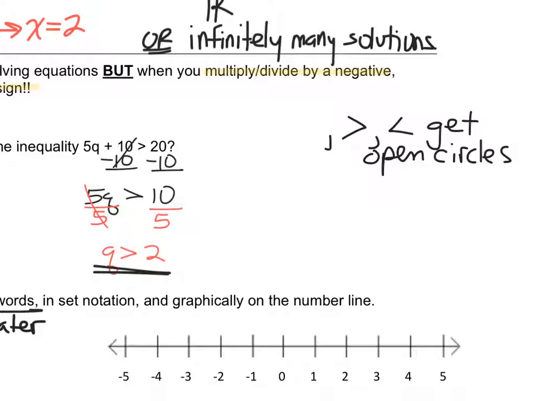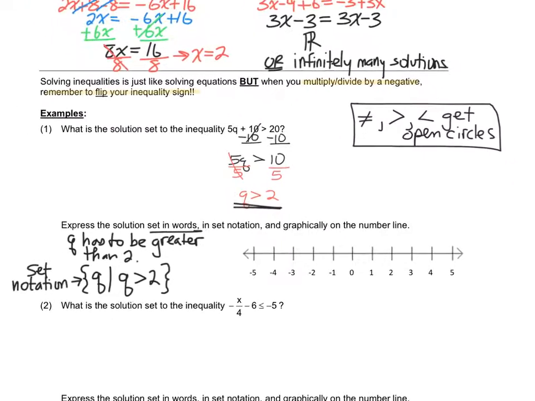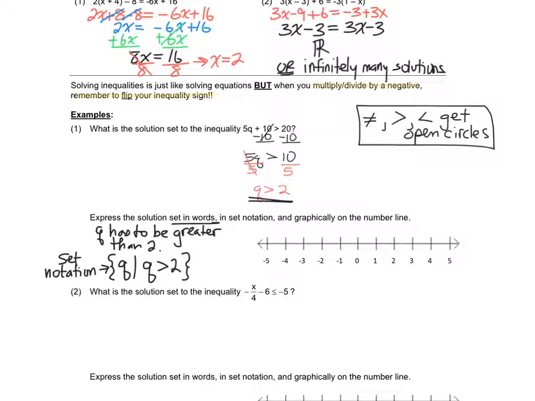Actually, even a not equal. Everything else gets a closed circle, so I don't feel the need to mention that. If it's not one of these 3 symbols, it's getting a closed circle. So we look for our benchmark, which in this case is 2.